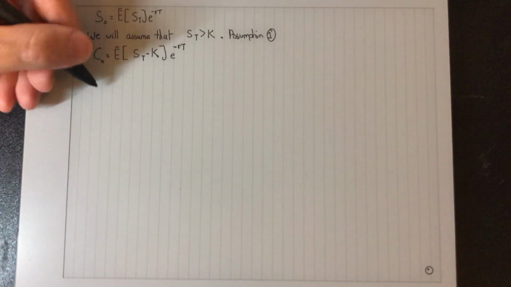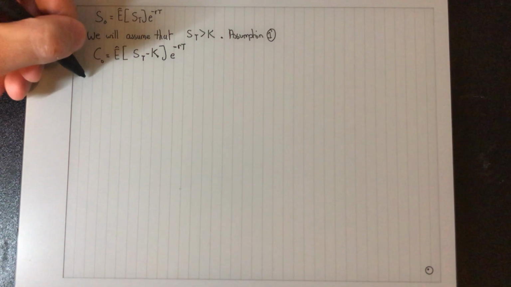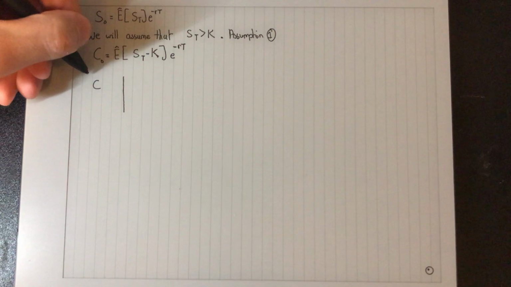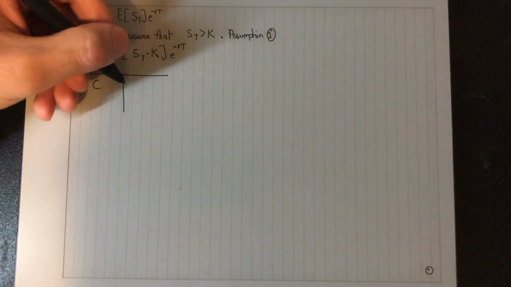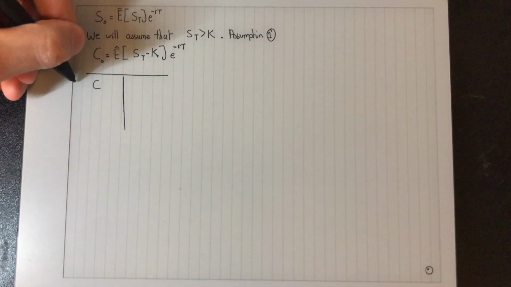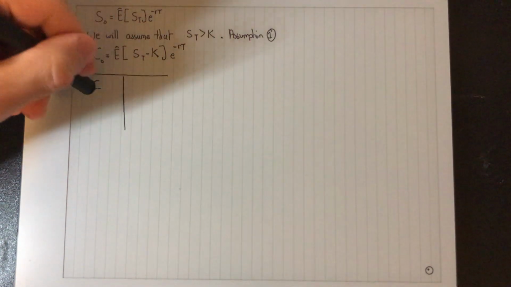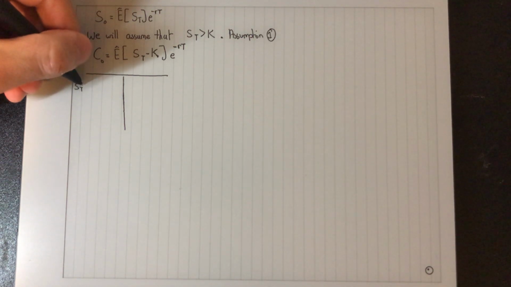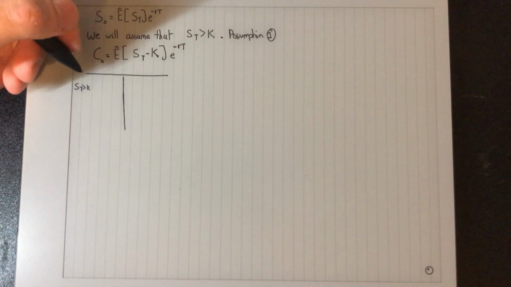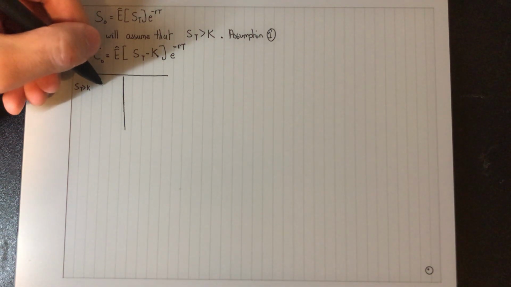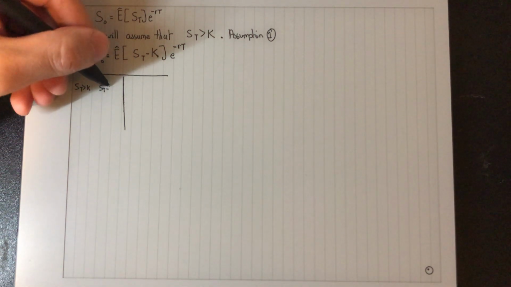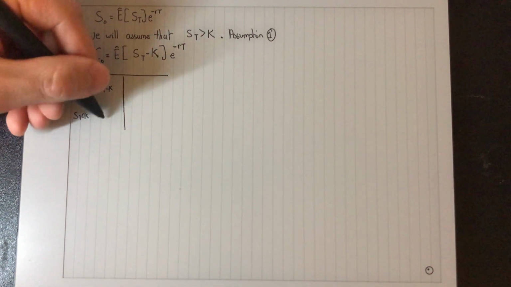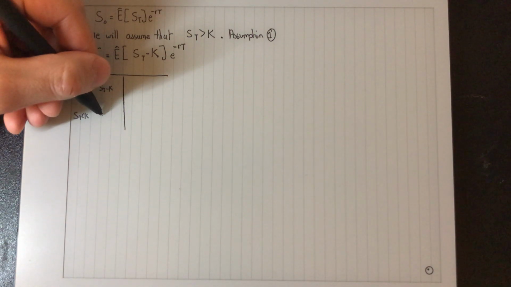So the idea behind it is that if we buy a call, let's just have a timetable over here, and if ST is greater than K, i.e. we are in the money, then the value of our call is ST minus K. And if ST is less than K, then the value of the call is going to be 0.